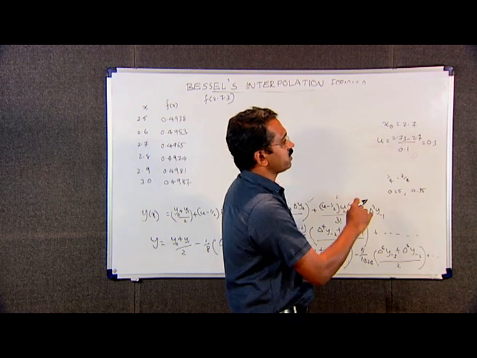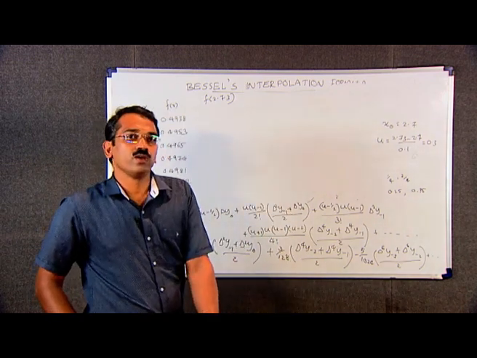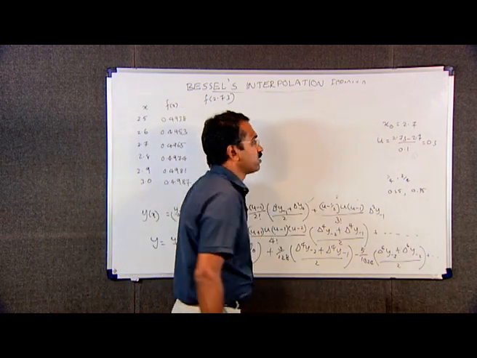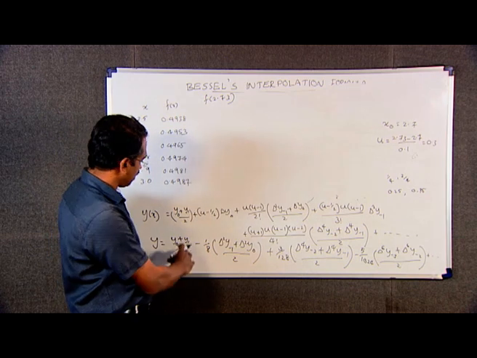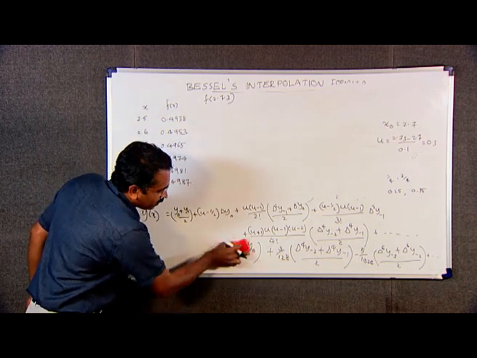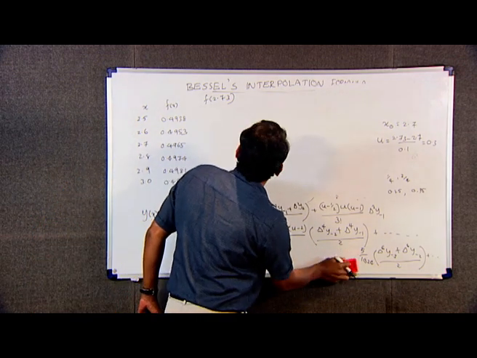Therefore, we can take x0 as 2.7. Now, substitute the value of u and the relevant differences in this formula, and we will get the value of f of 2.73.